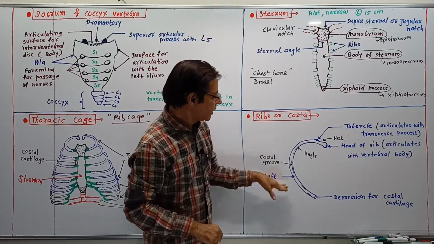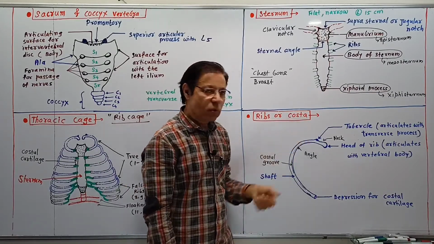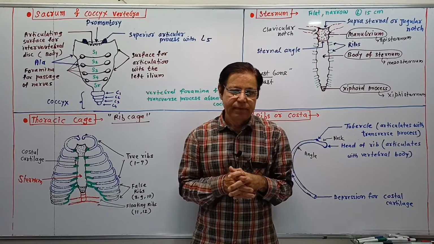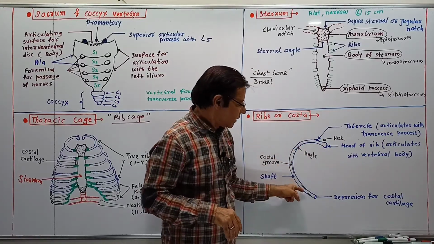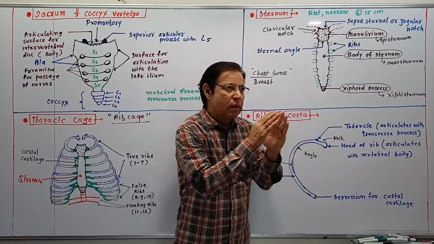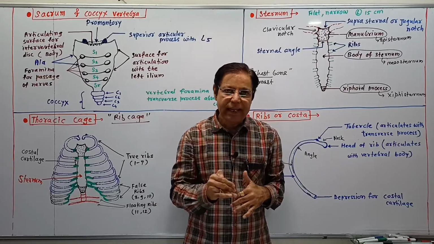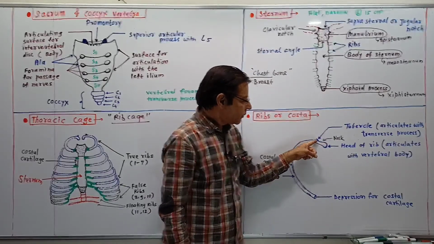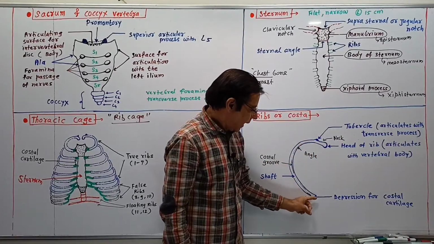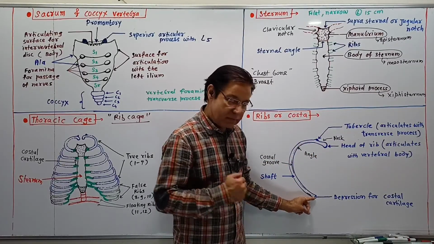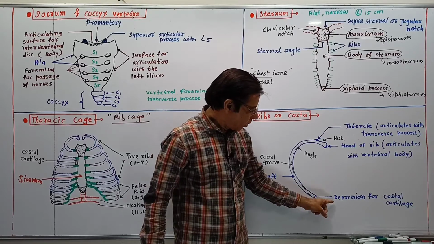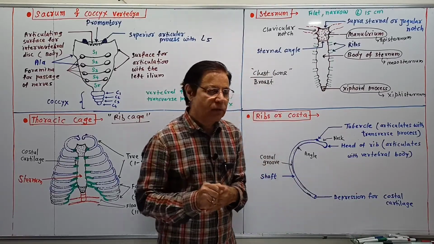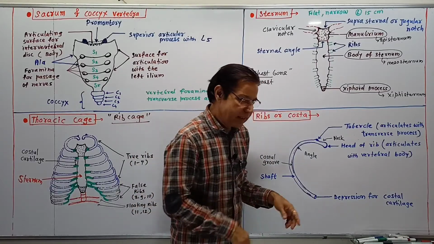Okay, then about the ribs. Ribs are also called costa. There are 12 pairs of ribs. Each rib, means rib number 1 to rib number 10, has a head, tubercle and the terminal end of the rib has a depression for articulation with costal cartilage.